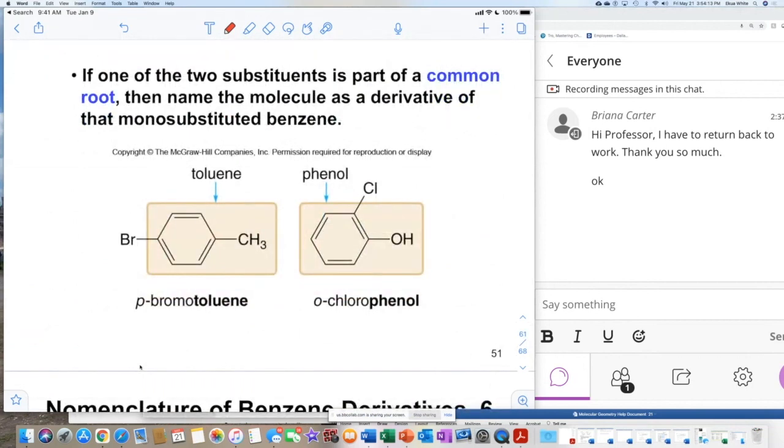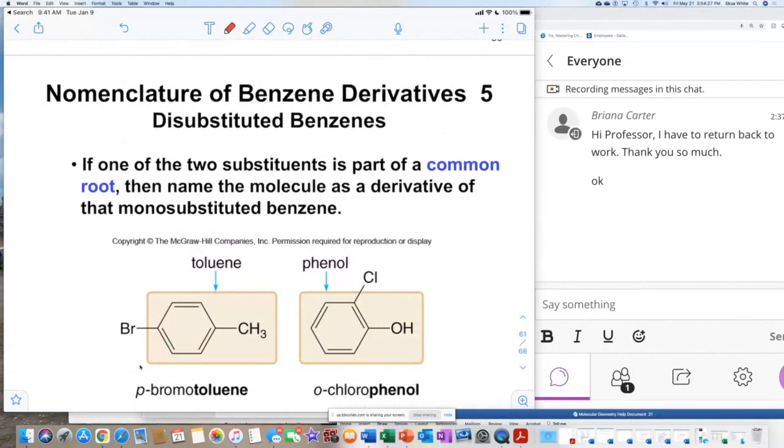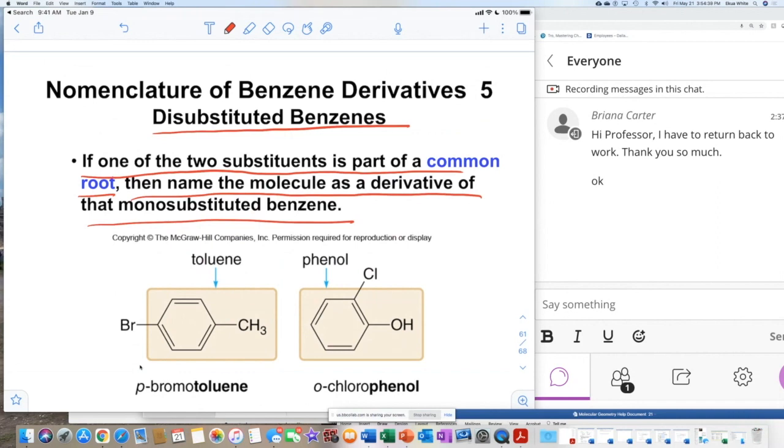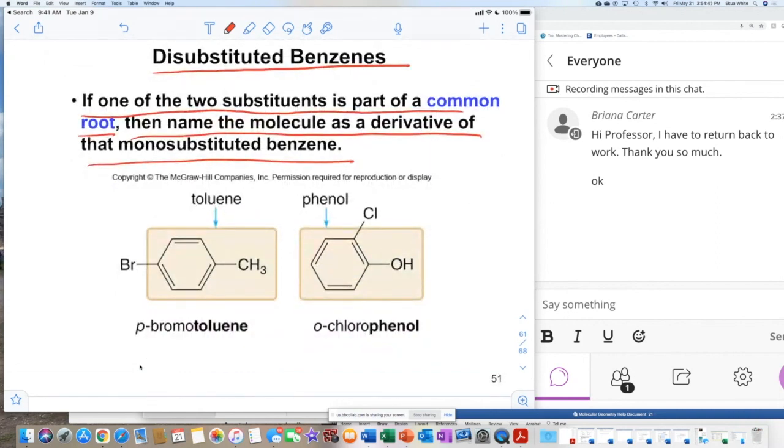Okay. So we get a chance to name these di-substituted benzenes where we have one of those common benzenes, the common monosubstituted benzene. We're told here for our di-substituted benzene, if one of the two substituents is part of a common root, then name that part of the molecule as a derivative of that monosubstituted benzene. If you can identify one of those common benzenes, section that out as though it was your longest chain. That's what they did here, right?